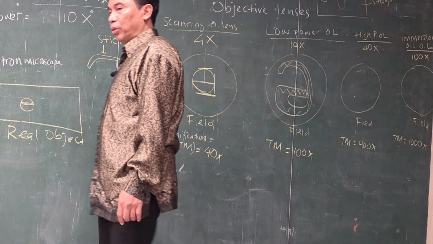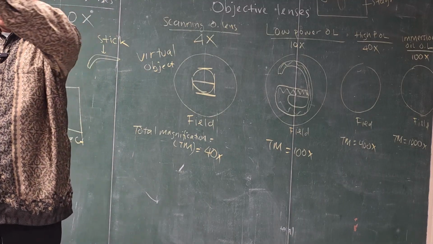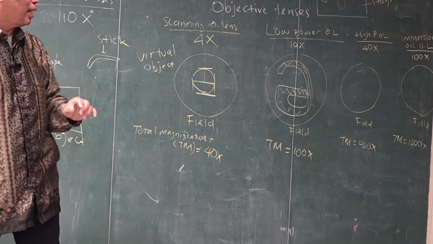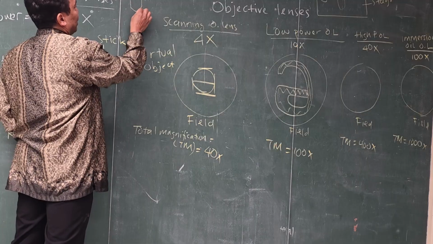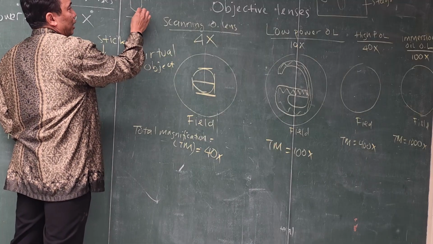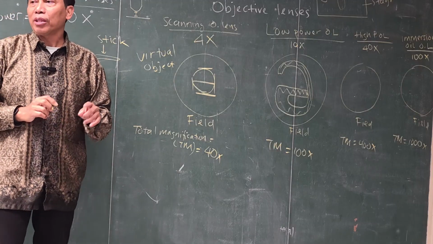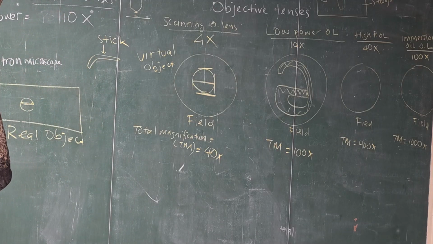Now I want you to see the distance between the tip of the objective lens and the slide. Let's say this is the objective lens, this is the slide. Look at the distance over here. Compared to the previous one, if you're using the scanning lens, it is larger, but now it has become shorter.